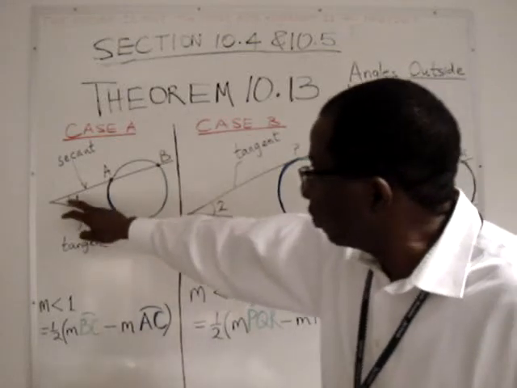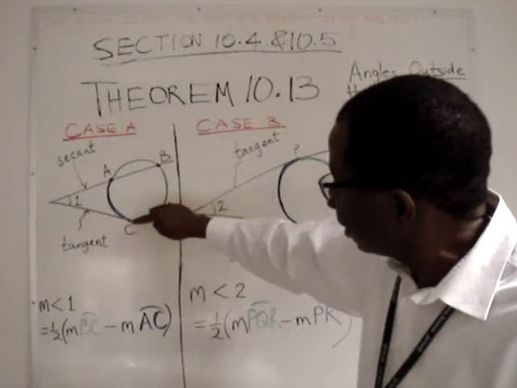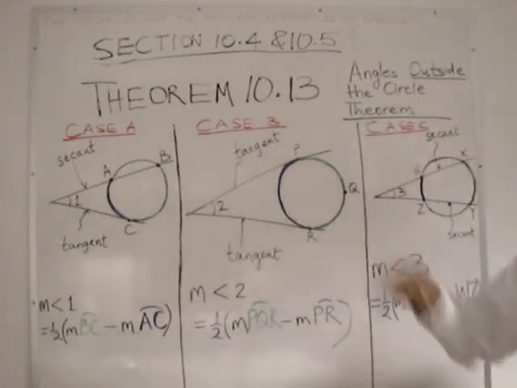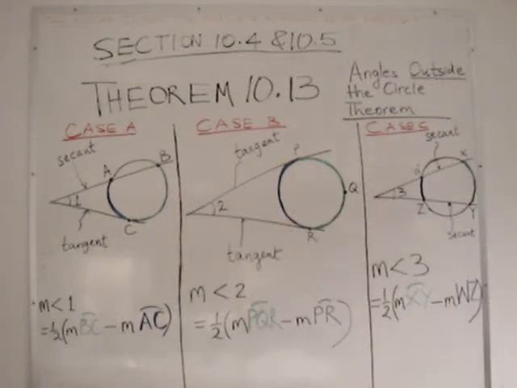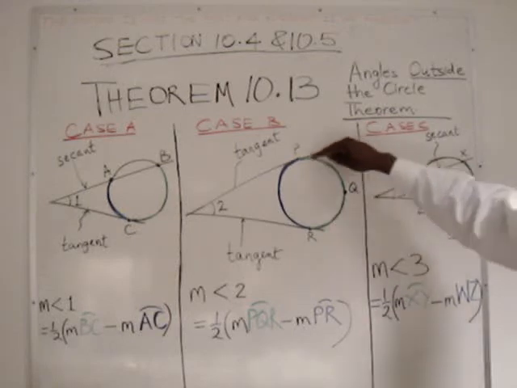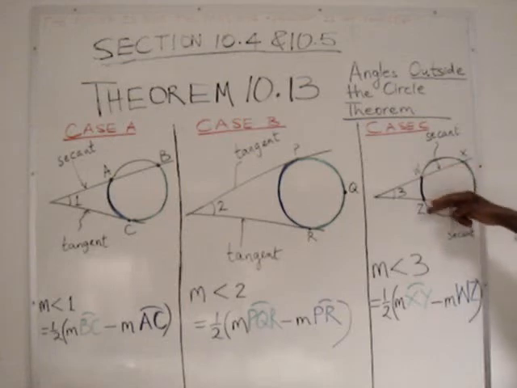This arc in green and this arc in blue. In this case, angle 2 intercepts what two arcs? This arc in green and this arc in blue. Here, angle 3 intercepts what two arcs? This arc in green and this arc in blue.